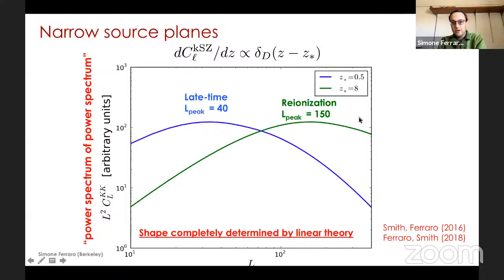I'm not sure if I understand the question correctly, but what we are going to do is use the amplitude of this reionization part, which contains the astrophysical information, and that contains information about the mass, for example, of the halos.